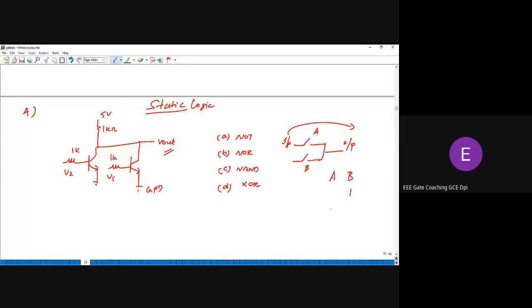So if any one of the inputs is 1, output becomes 1, right?